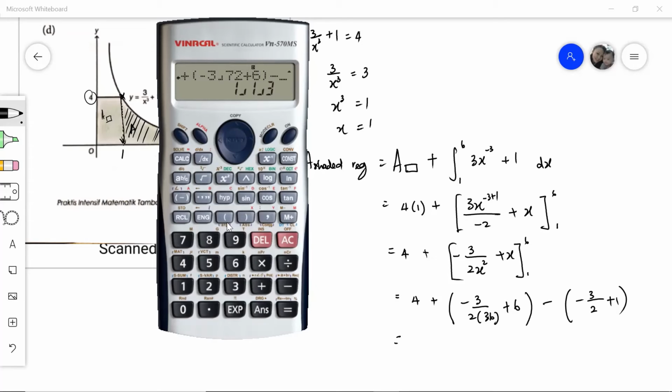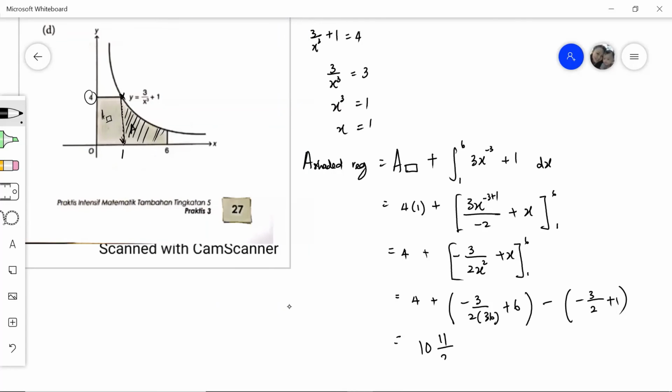And then minus, negative 3 over 2, plus 1. Close bracket. And find the value. So the answer is 10 and 11 over 24, 10 and 11 over 24 units squared. Okay, so that's it for question number 17.